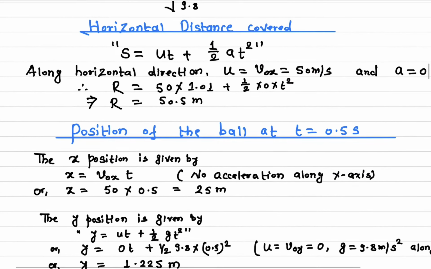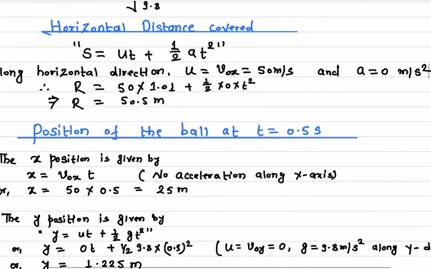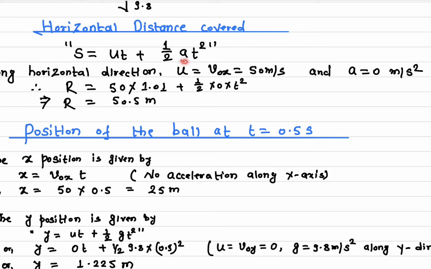Along the horizontal direction, along the x-axis, we're using s is the distance, u is the initial velocity, t is the time, plus half a t squared. A is the acceleration. And here, remember, this is the horizontal motion, or the motion along the x-axis. The initial velocity is 50 meters per second because the velocity is not changing along the x-axis. The key part here is acceleration.